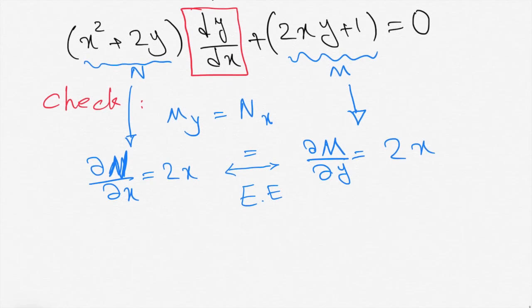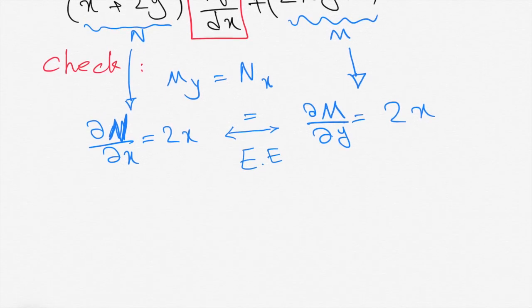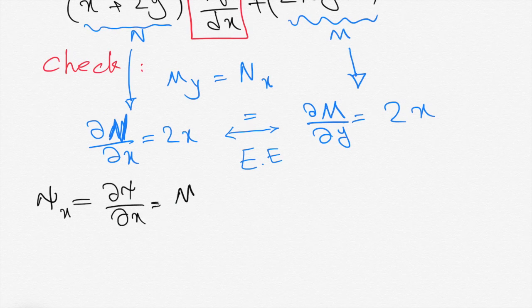So what after that? We had in our condition that the partial derivative of psi with respect to x is equal to m, right?